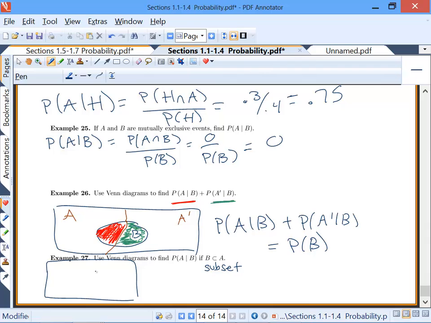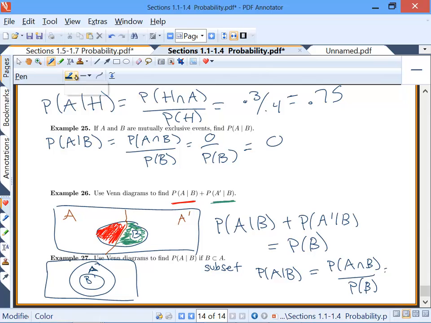So my sample space, then we have A, and then we have B. B is completely enclosed in A. And we are looking for the probability of A given B. Now we could write out a formula, so this is A intersect B over the probability of B. If I wanted to shade A intersect B, where is it?